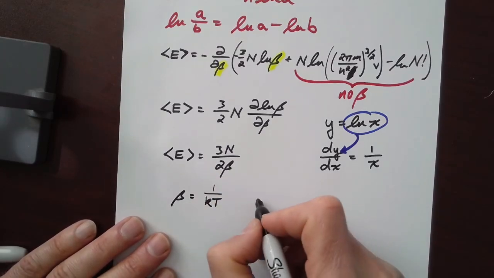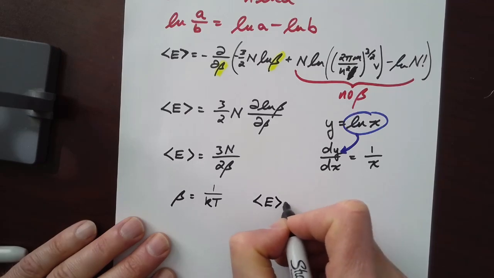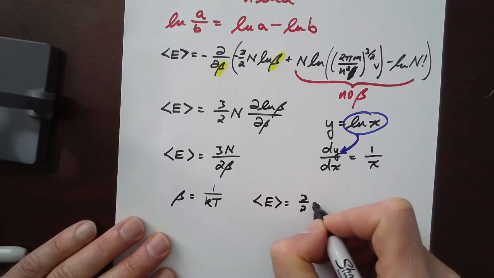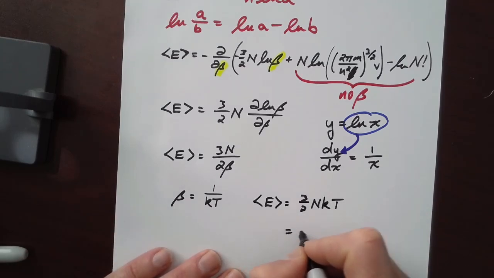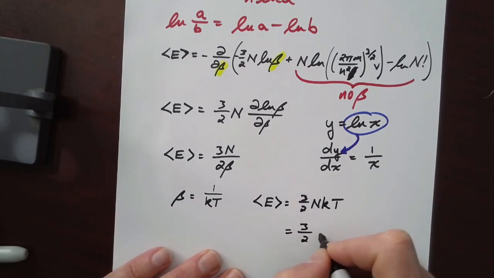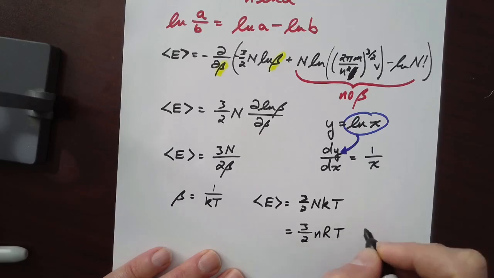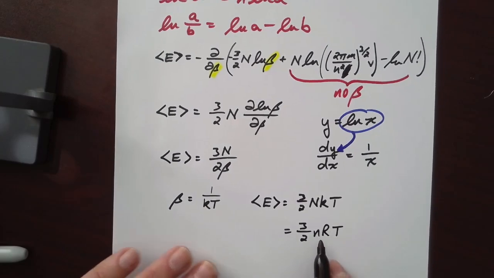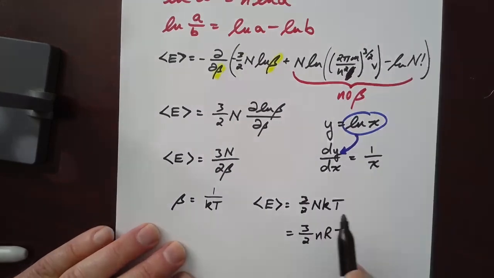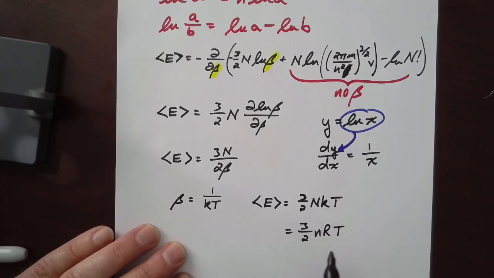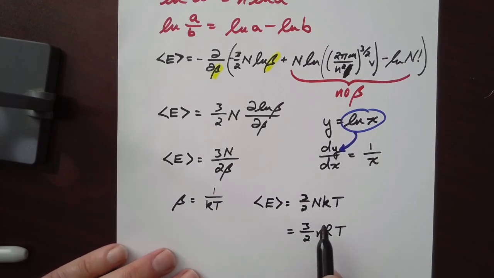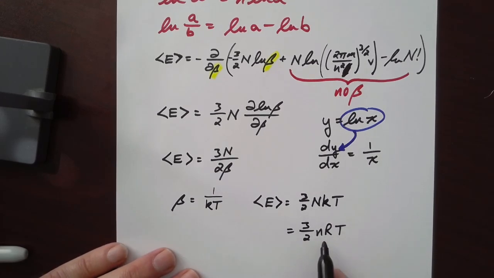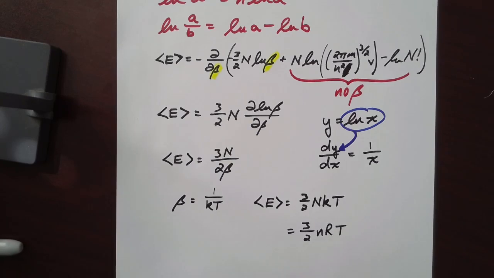So the average energy is 3 halves nkT, or if we put this in terms of moles, 3 halves nRT, where I can express either number of atoms times Boltzmann's constant or number of moles times the universal gas constant. Those are the same because nk equals little n R.